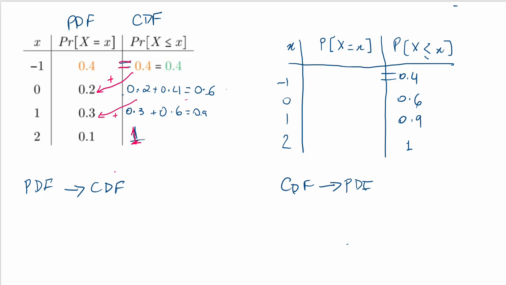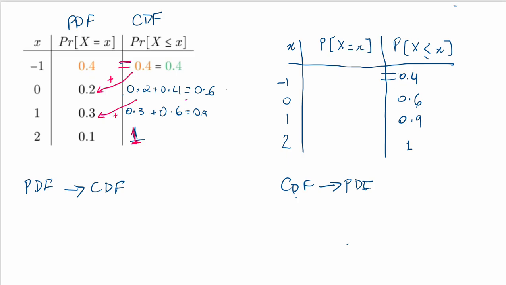So always do this movement of summing up this point plus this, and this point plus that. Questions? So this was done in the last lecture. Questions about this? No? Cool? All right. So now we want to go from the CDF to the PDF.